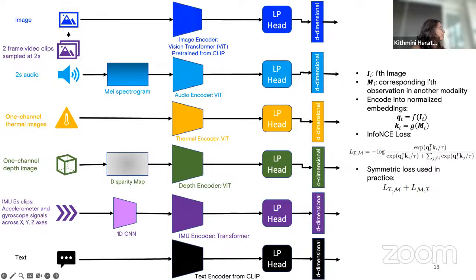For a given pair, you have the correct image and thermal pair, and this contrastive loss helps cluster those two together and push away the other thermal images from the image. So when training, we are using different datasets and different modalities. Yeah.